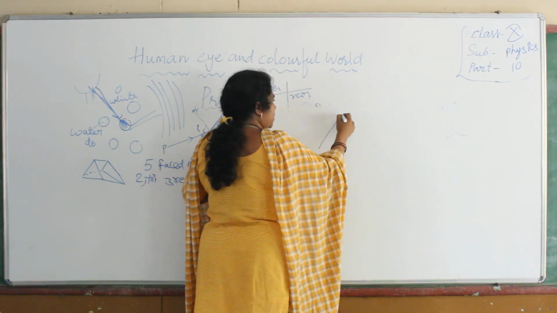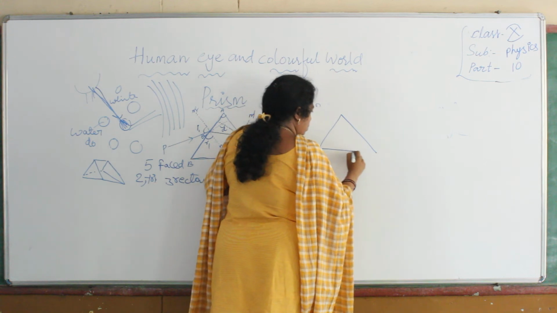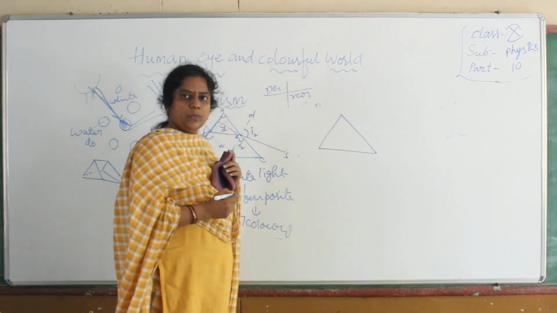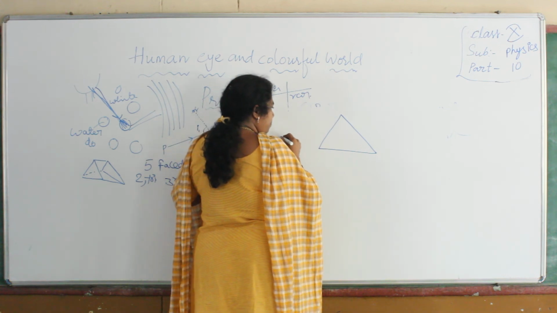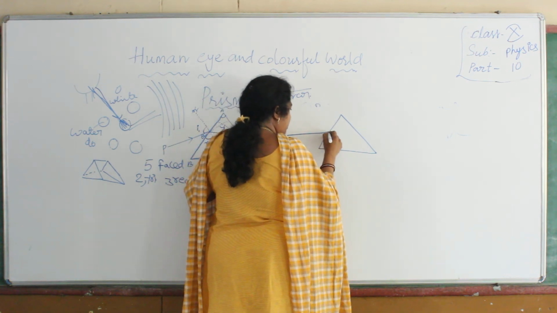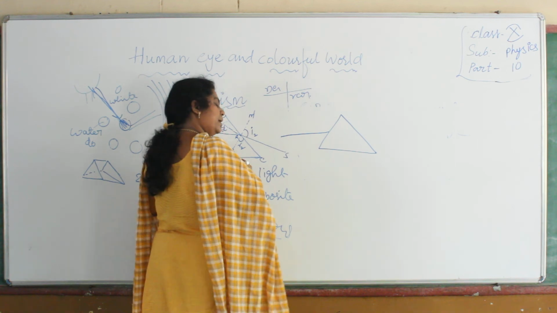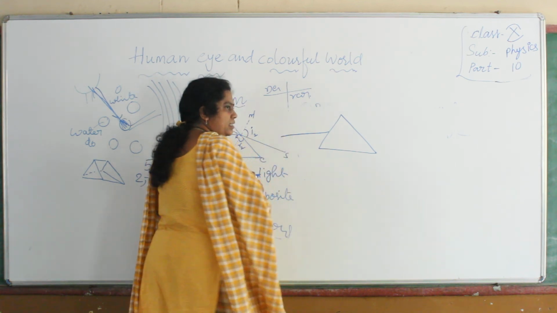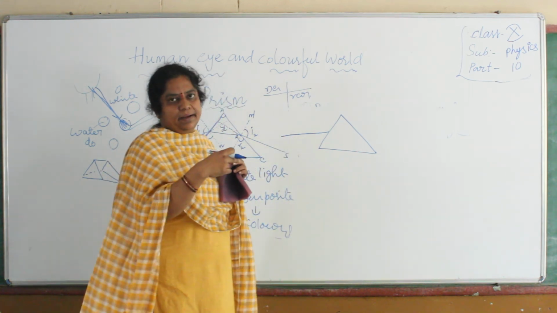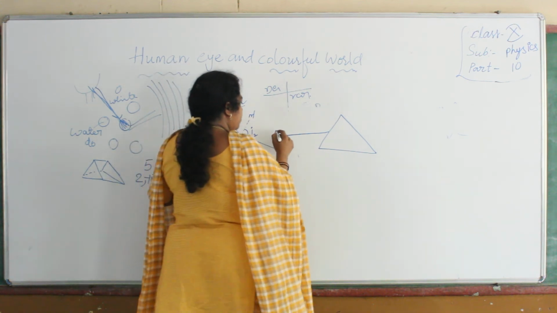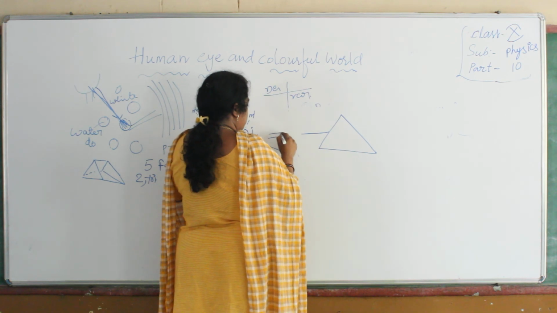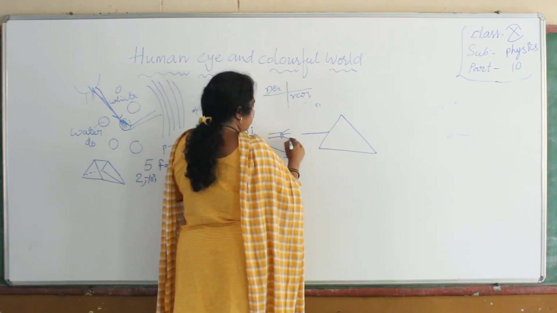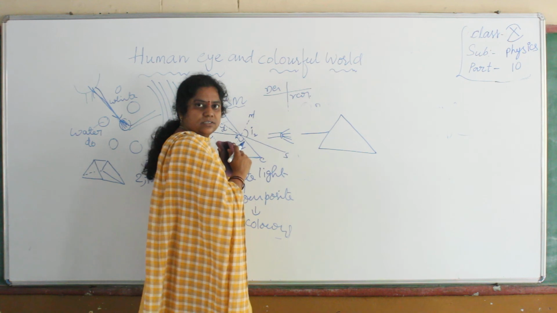Suppose a ray is coming from a pointed object and falling on the prism, making some angle. How to get this pointed ray? You take one source of light, let it be a torchlight. You know the torchlight will give you light in all directions.